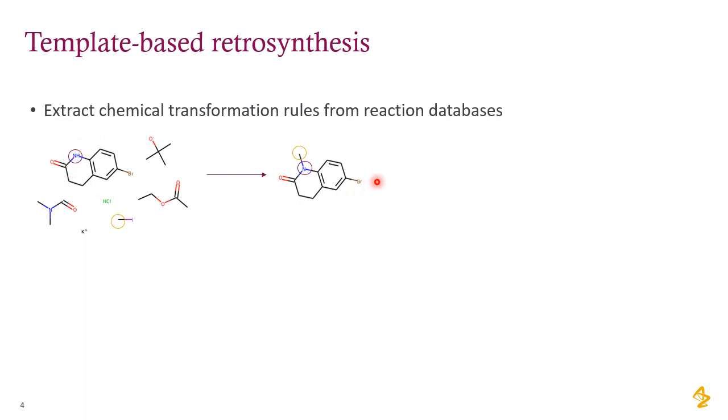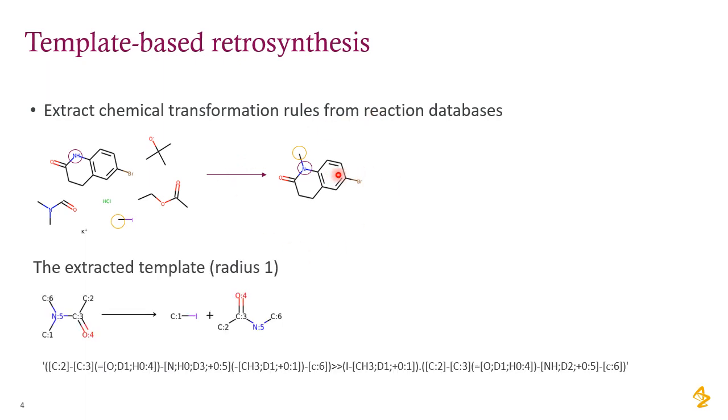Here we have an example reaction from a database where this nitro group reacts with this iodine, forming this molecule. And this can be represented in a computer using a reaction template.